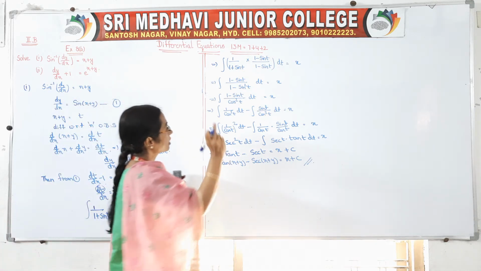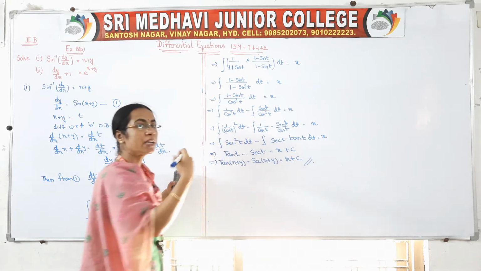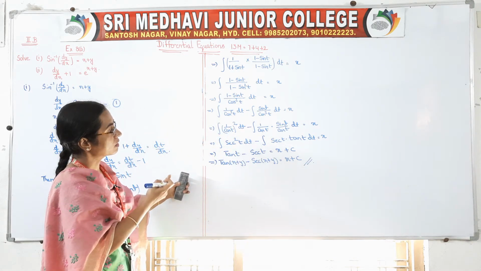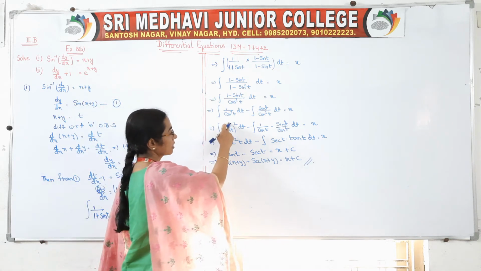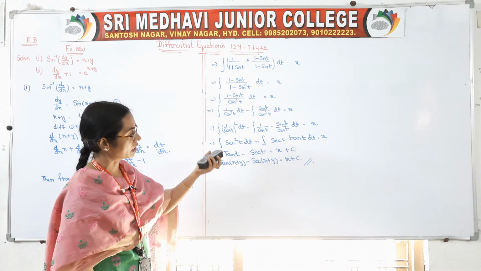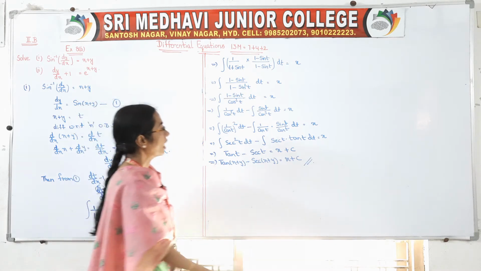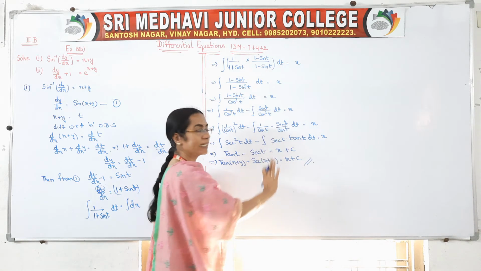After the separation we can write this as 1 by cos t whole square. 1 square is 1 only, so we can easily write. 1 by cos is nothing but secant, square is there, so secant square t dt. And here 1 by cos t is secant t and sin by cos is tan t.